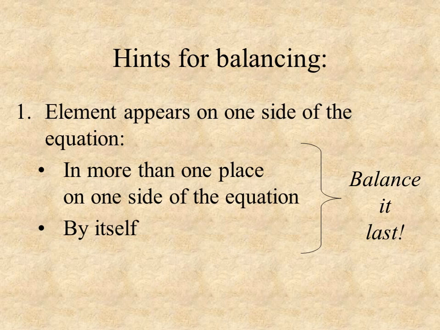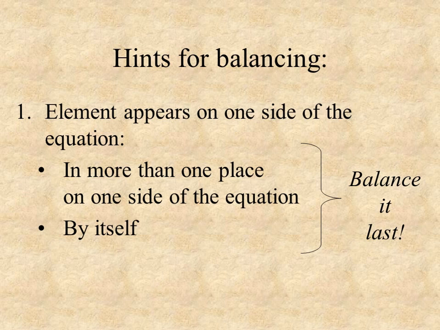First of all, when you look at the skeleton equation, if you see that there's an element that is appearing in a lot of different locations, it's in more than one formula, or it's by itself, those elements are typically ones that are best left to balance at the very end. And mainly the reason for that is, if it's in more than one formula, then more than one coefficient is going to affect your bottom line, your total.